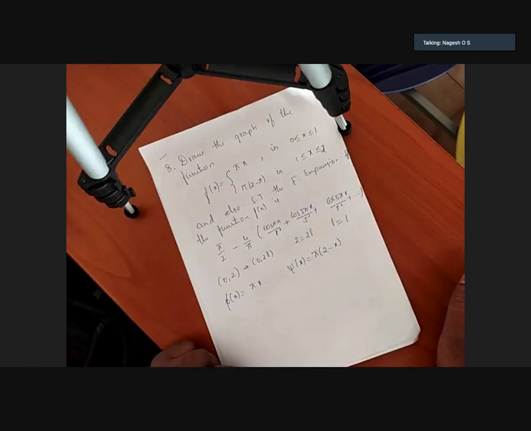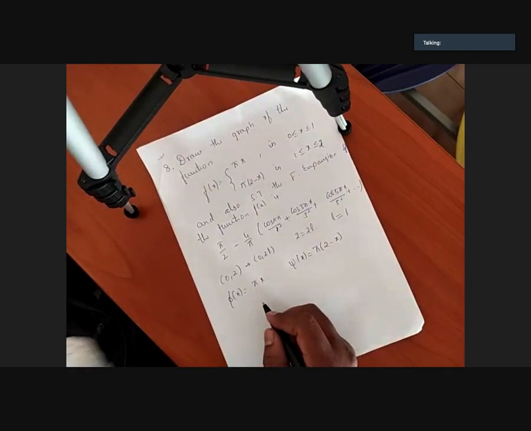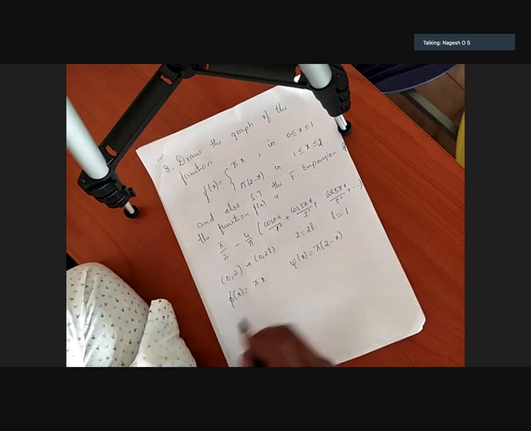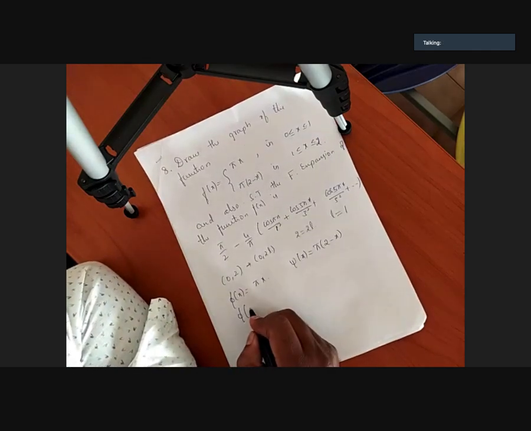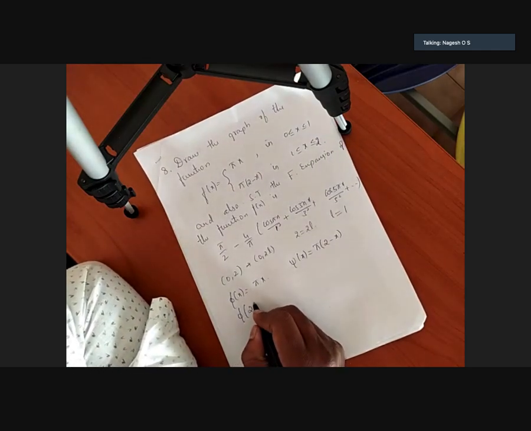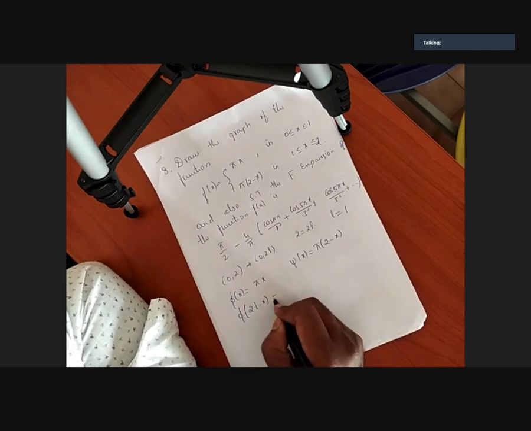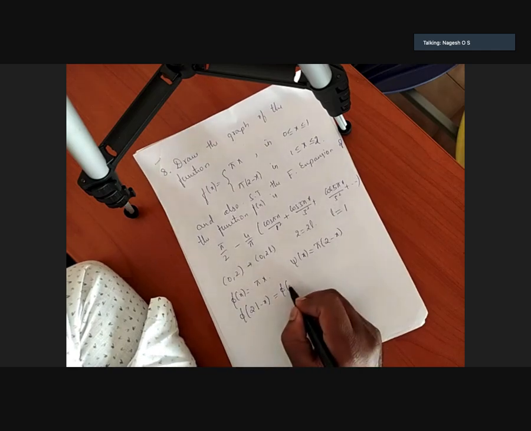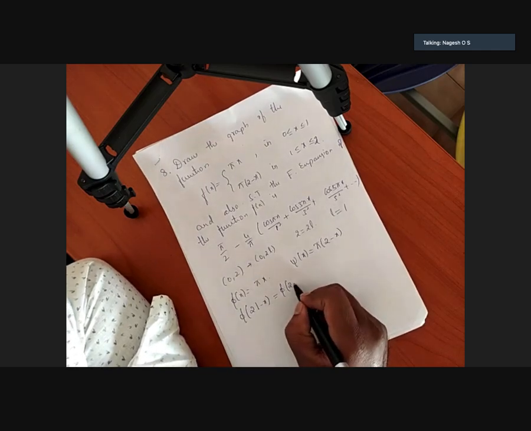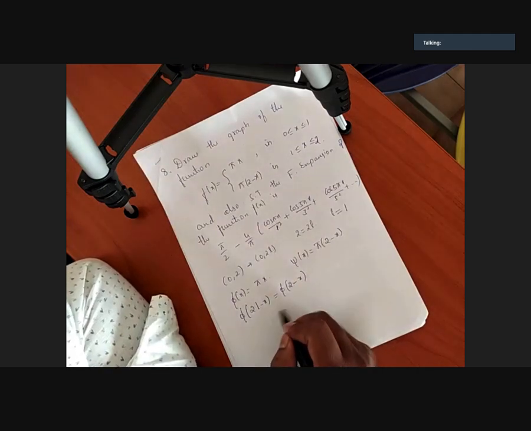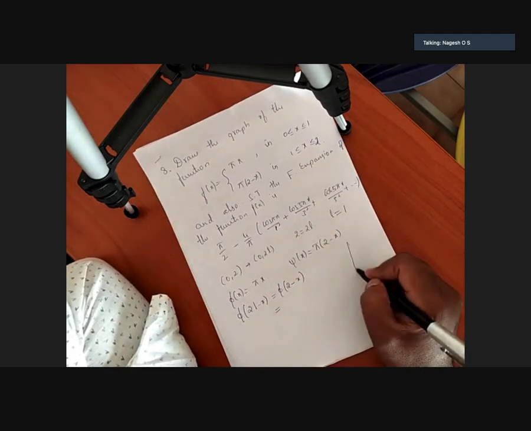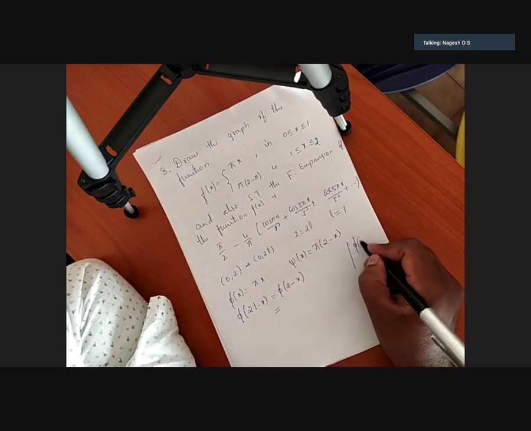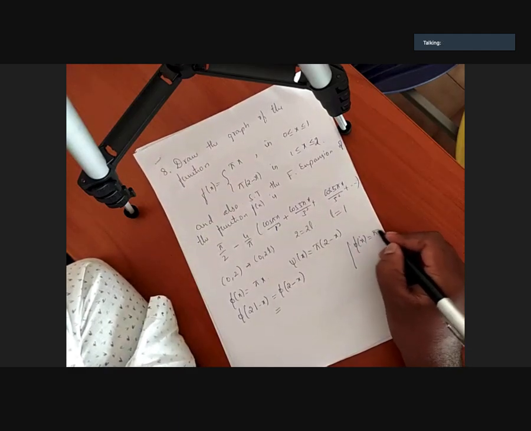Now we need to check whether it is even or odd. So how to check this? Phi of 2l minus x. That is nothing but, l is 1, 2l means 2 into 1, that is 2 minus x. We know phi of x is pi x.